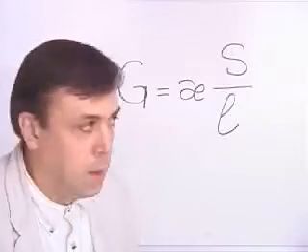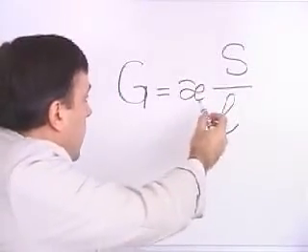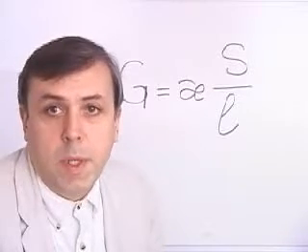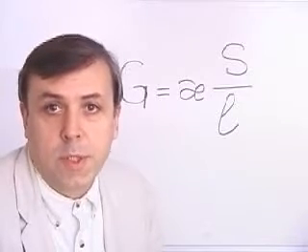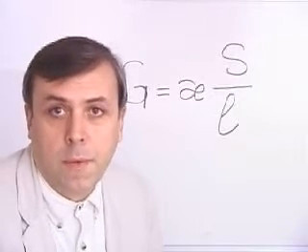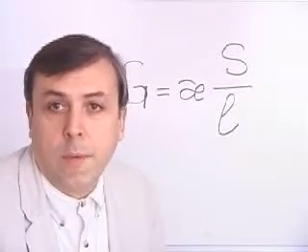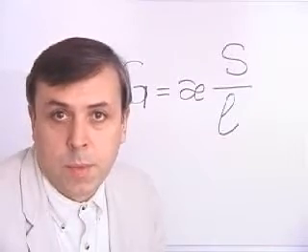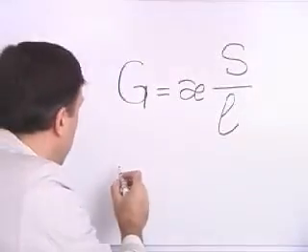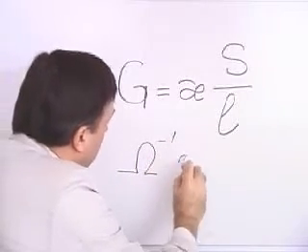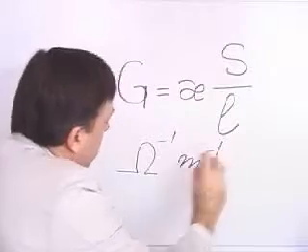Electrolytic conductivity, kappa, is the electrical conductance of a column of electrolyte of 1 meter length and a cross-sectional surface area of 1 square meter, or a column of electrolyte of a cubic form of 1 meter edge. The units in which kappa is expressed are ohm to the minus first meters to the minus first.